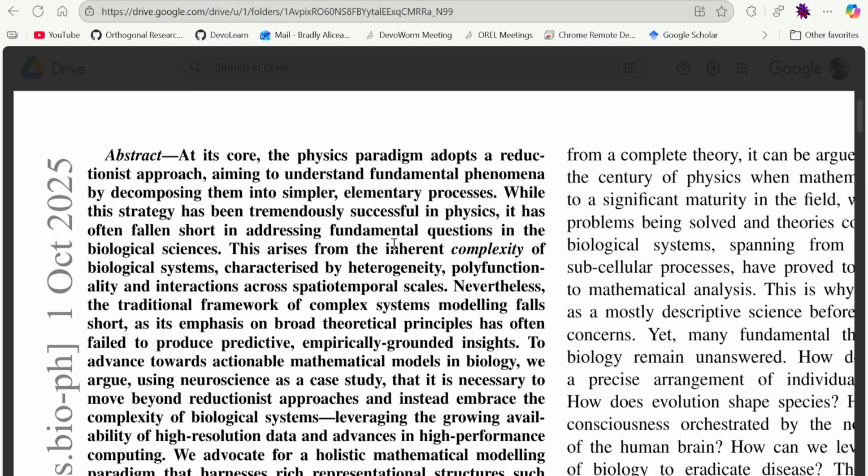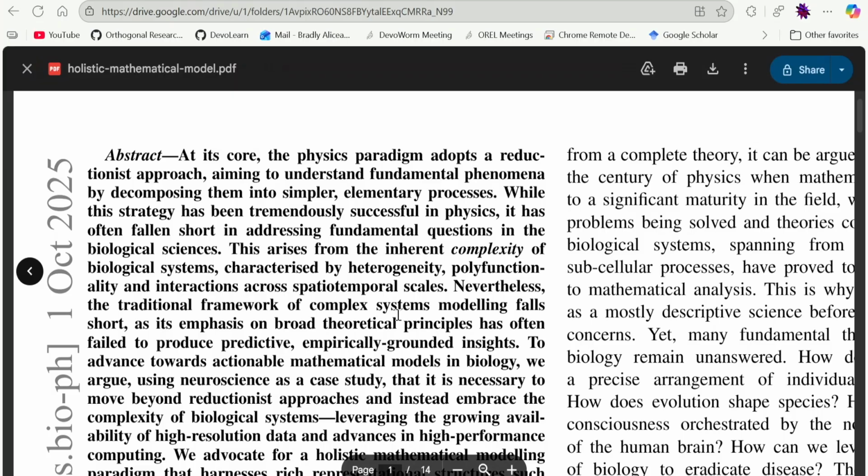In this case, we're dealing with systems that are nonlinear, but also have these emergent properties where you can't break all of the effects down, or explain them using reductionist techniques, or in terms of fundamental units. So things like heterogeneity and polyfunctionality and interactions are all features of these emergent systems.